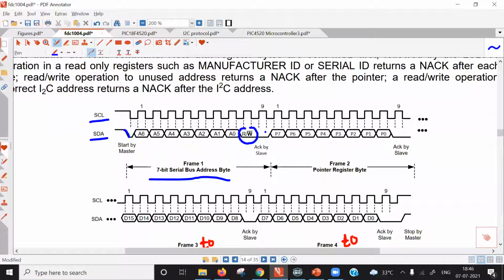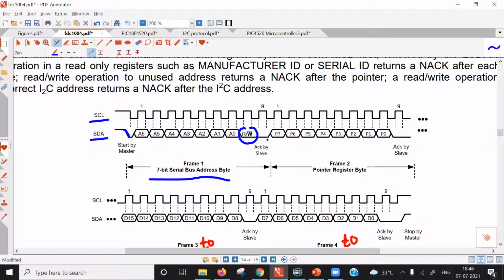And the last bit here, the 9th bit, is acknowledgement given by slave device. The slave device which finds address match will pull down this SDA pin. Usually after transmitting 8 bits, I2C hardware module will pull up this SDA pin to logic 1.